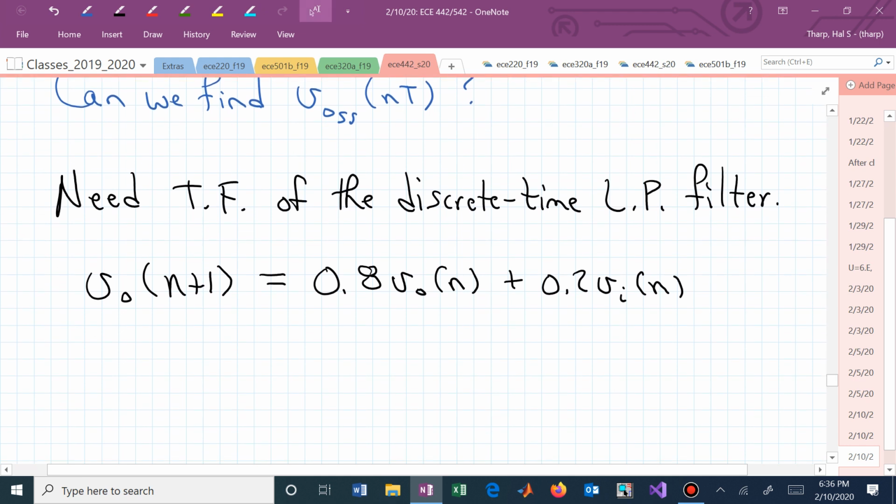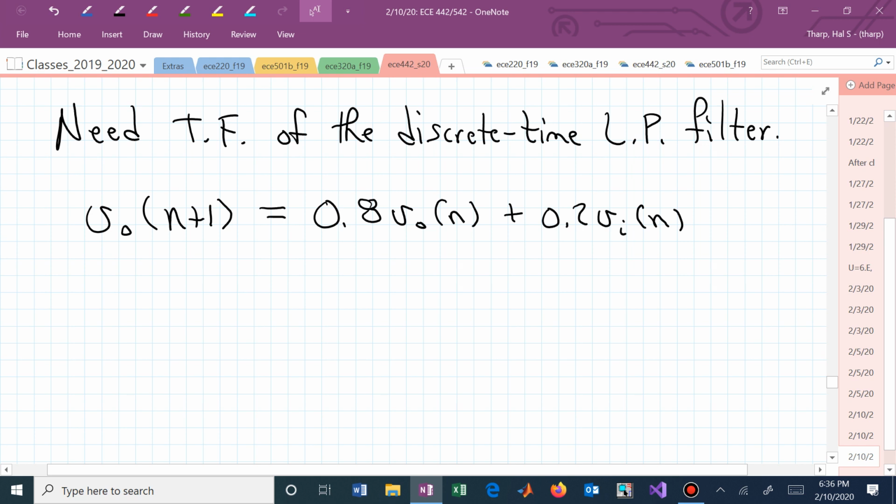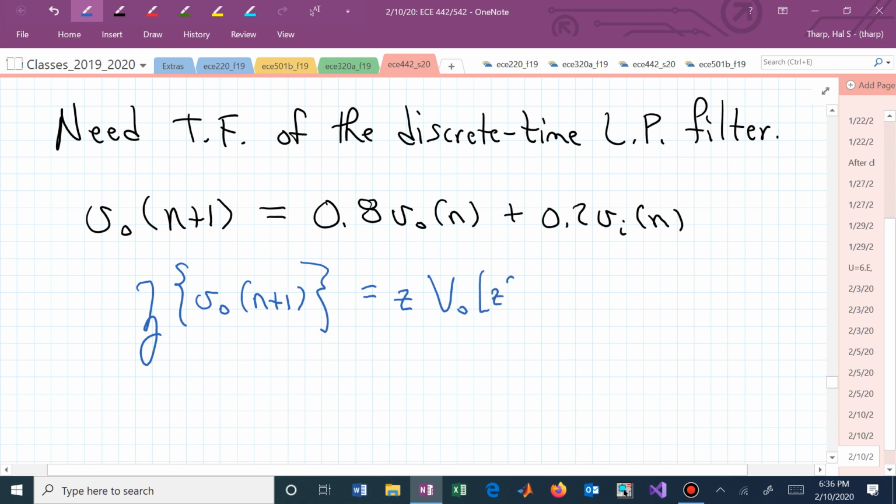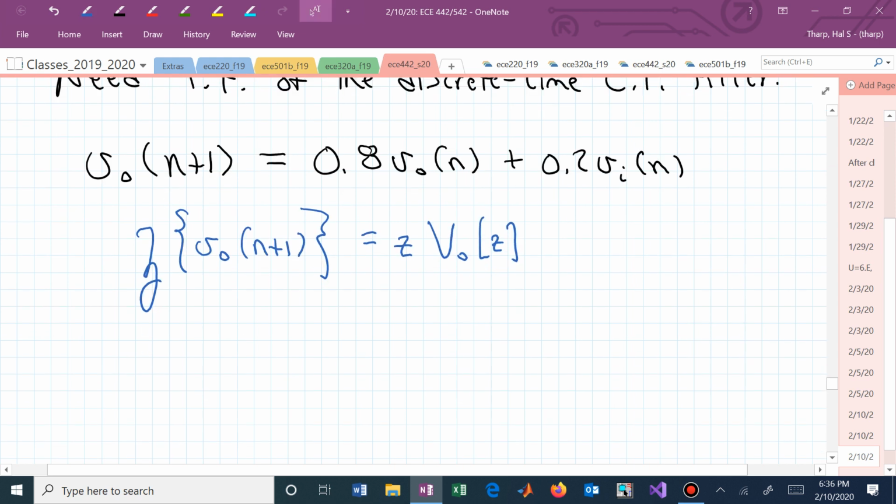What do we need to do? Well, let's just agree on some notation. Suppose that the z transform of v sub 0 is V sub 0 of z. If that was in the difference equation, what would that look like in the frequency domain?